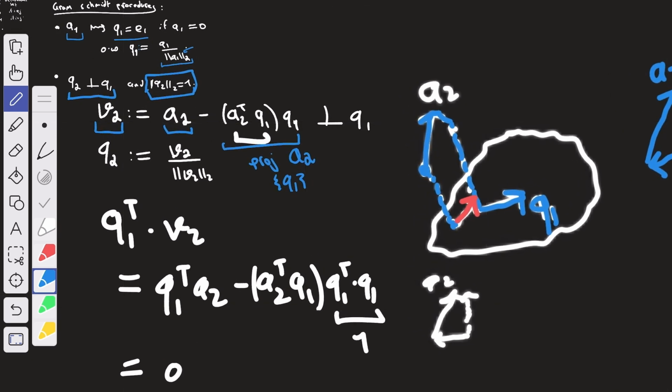Let us check that it is true that v2 is orthogonal to q1. To check that, all we need to show is that the dot product of q1 and v2 is actually 0.